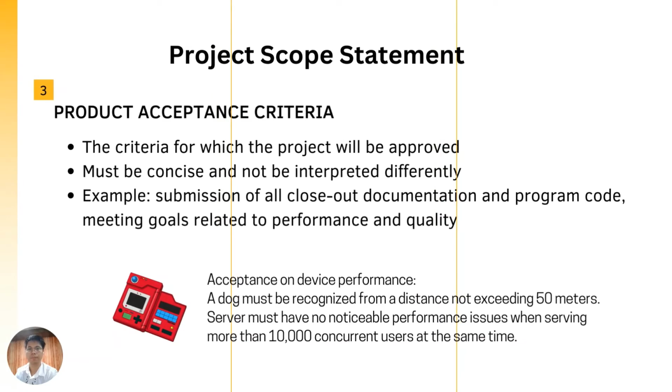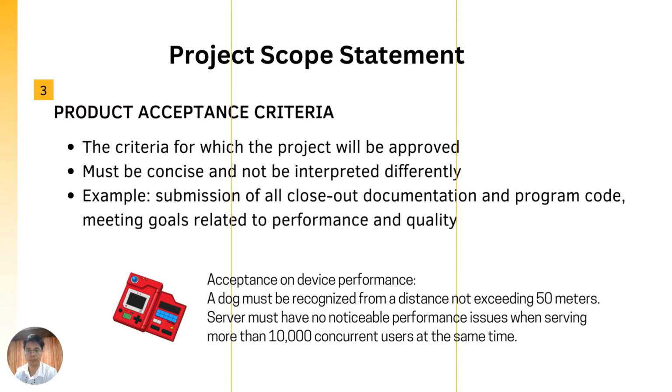Third step, product acceptance criteria. The project scope statement outlines the criteria for which a project will be approved and therefore is a definitional guide to measuring success. One example of an acceptance criterion would be the requirement of submission of all project closeout documentation and all program code to the customer.